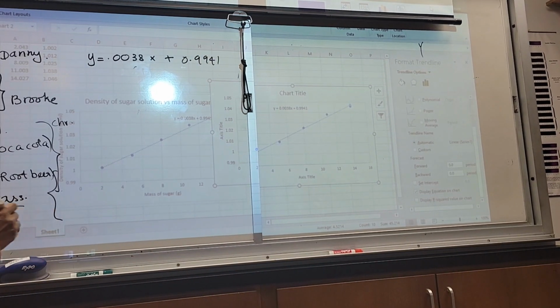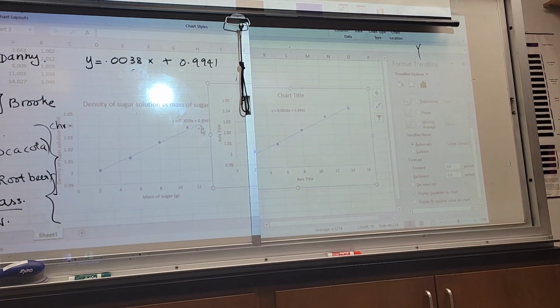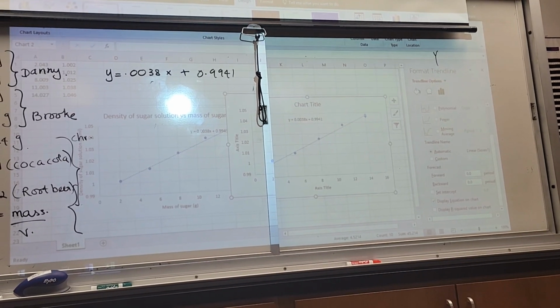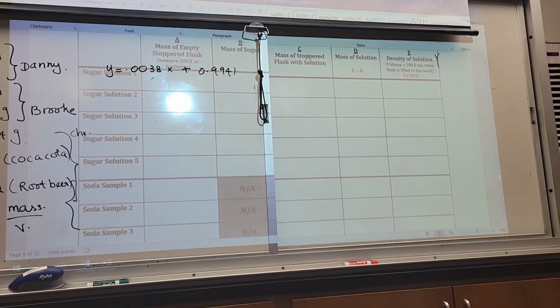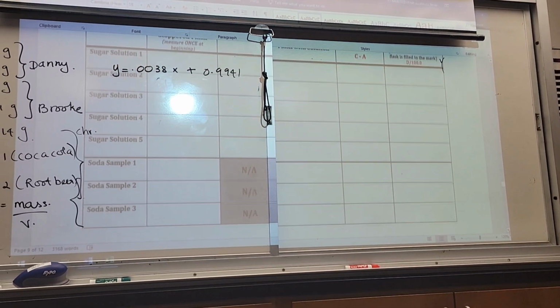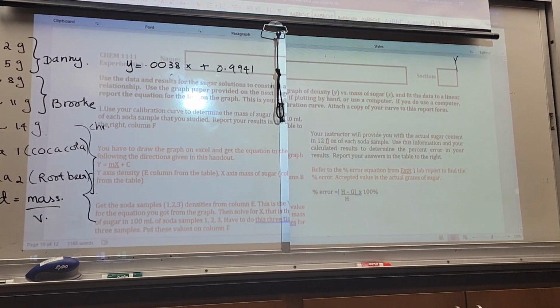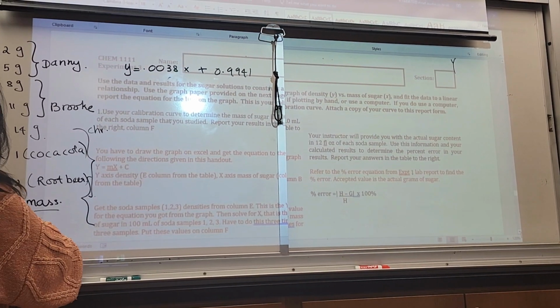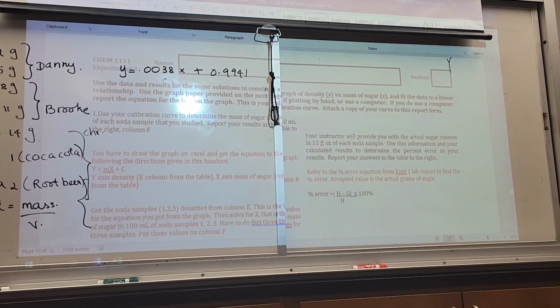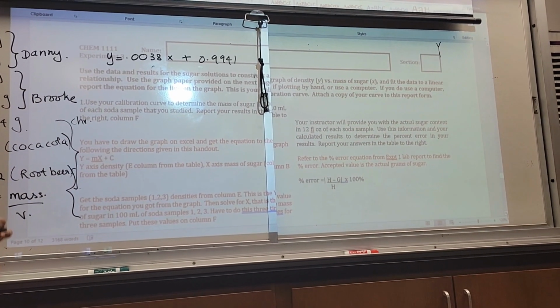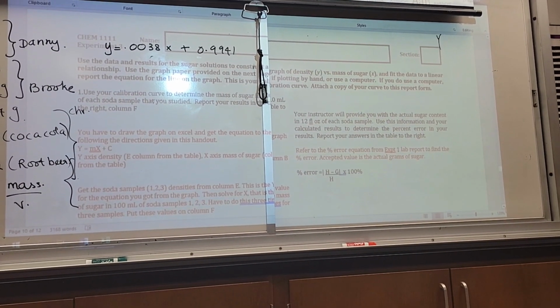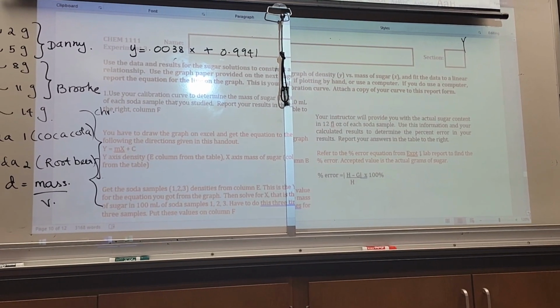Okay, so let's go back to our handout report sheet, and your first question is: use the data and results for the sugar solutions to construct a graph of density versus mass of sugar. We just now did that, right? And then fit the data to a linear relationship.